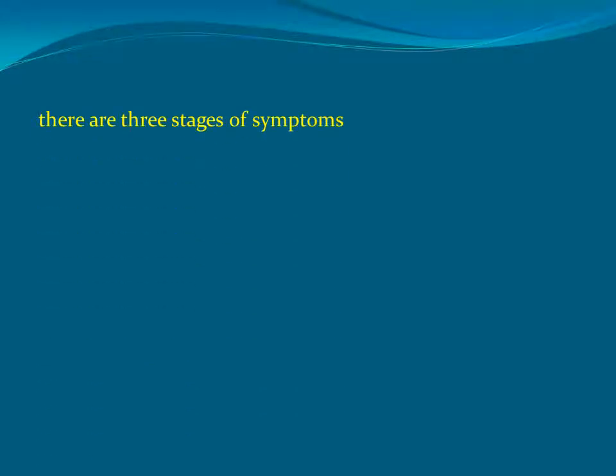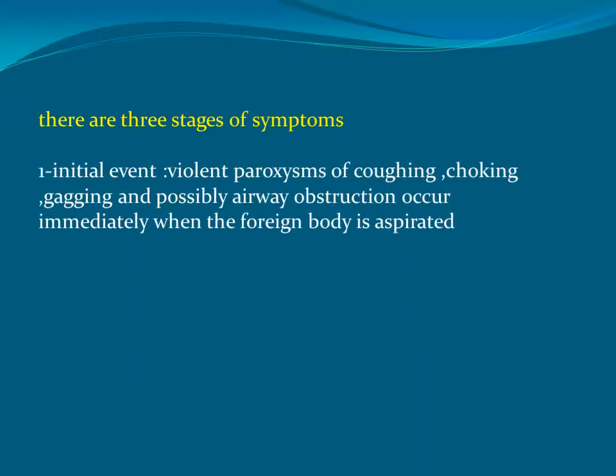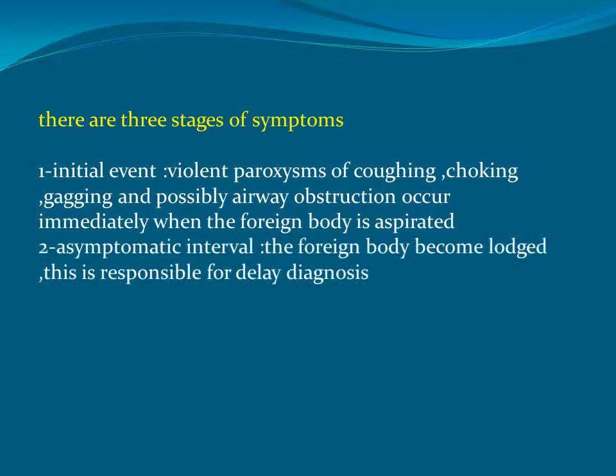There are 3 stages of symptoms of foreign body inhalation or choking. The initial event is violent paroxysms of coughing, choking, gagging, and possible airway obstruction. This occurs immediately when the foreign body is aspirated. Second stage, the asymptomatic interval, where the foreign body becomes lodged. This is responsible for delayed diagnosis.